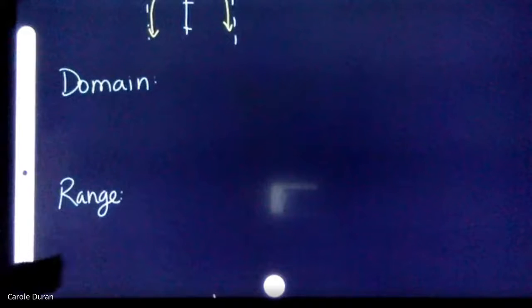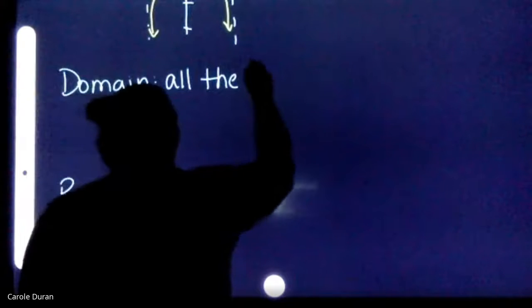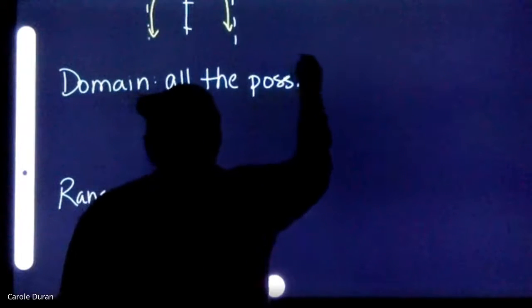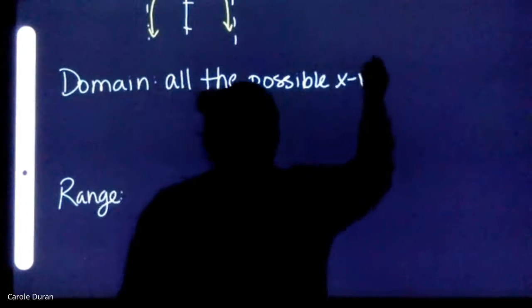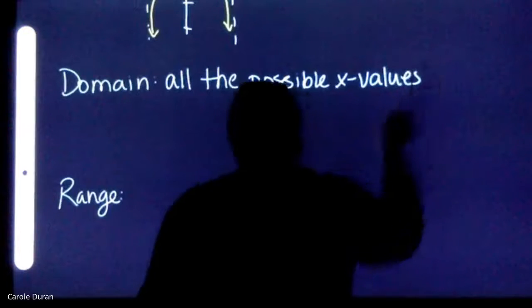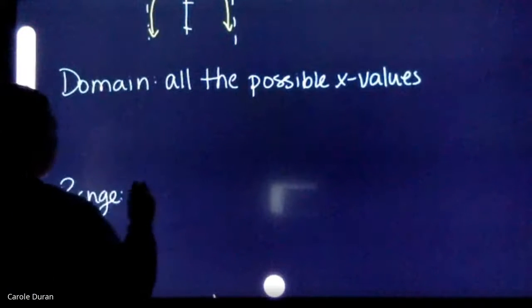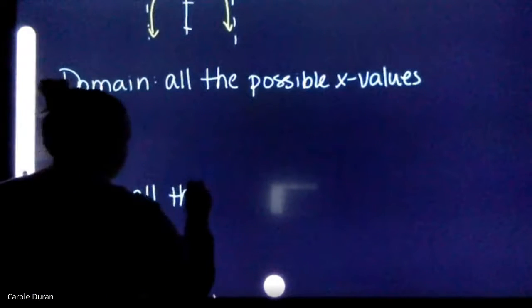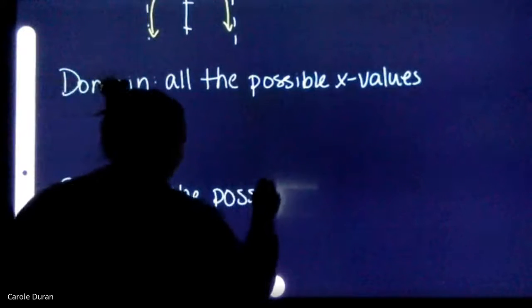Our domain for any function is the list of all possible x values that could be plugged into it. Whereas our range is a list of all the possible answers or y values we can get out of it.